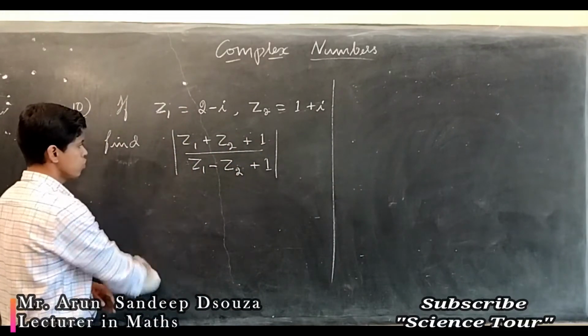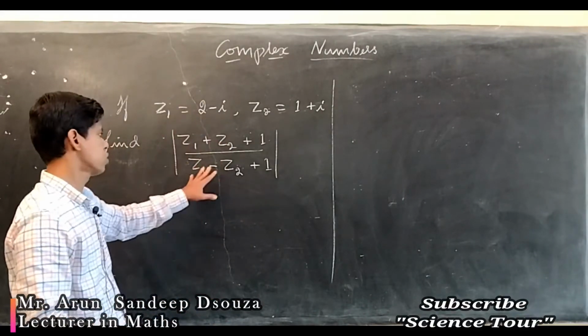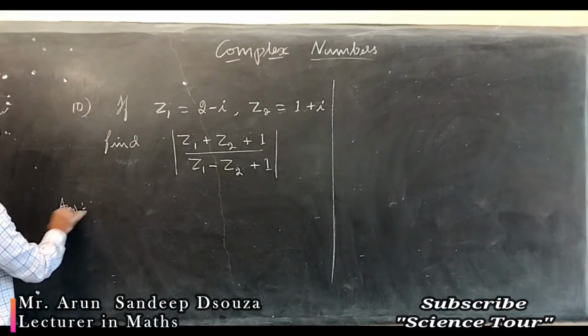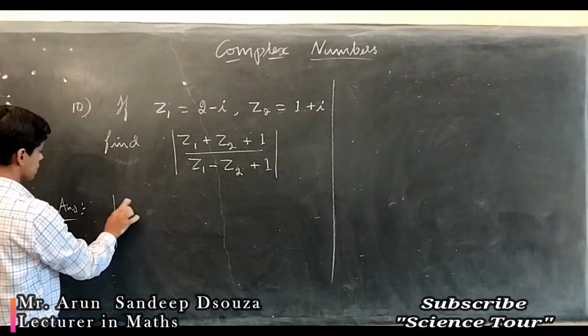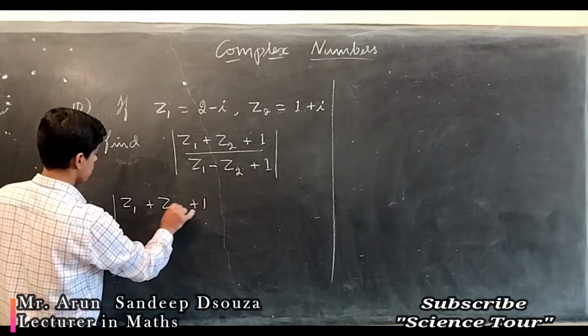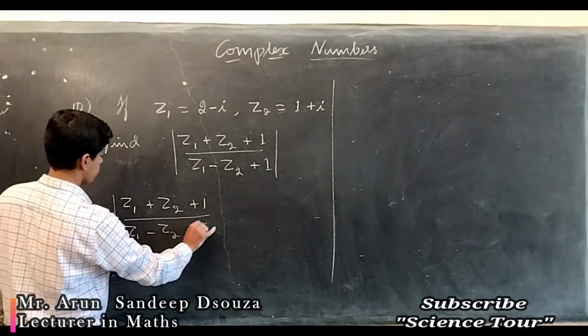So what we will do first, we will substitute z1 and z2. Let us start our answer from this term that is given to us: z1 plus z2 plus 1 divided by z1 minus z2 plus 1.